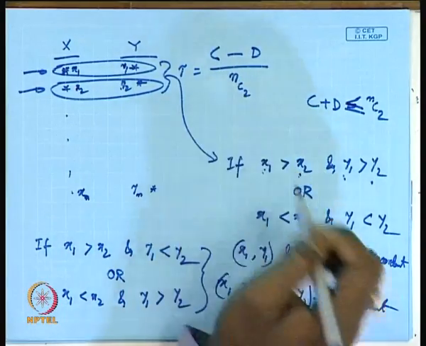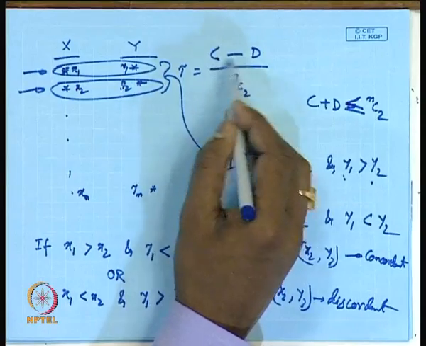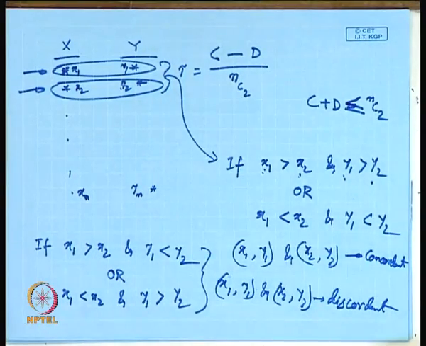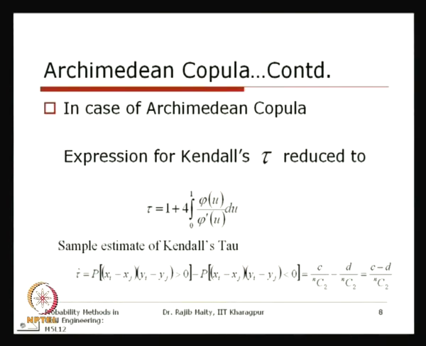After ignoring them, you get C minus D divided by NC2, and that gives you the estimate of Kendall's tau, and this is what is explained here. C and D are the number of concordant pairs and discordant pairs. C by NC2 is the probability of concordant pair and D by NC2 is the probability of discordant pair. Their difference gives you Kendall's tau.